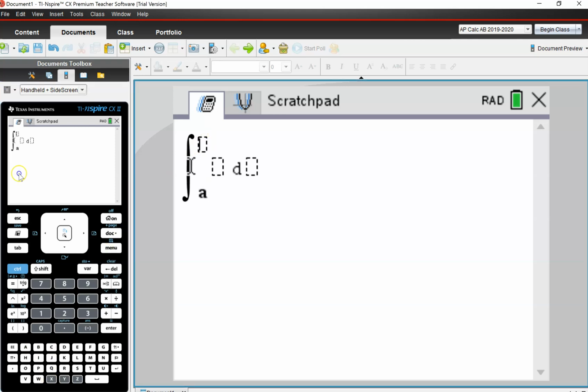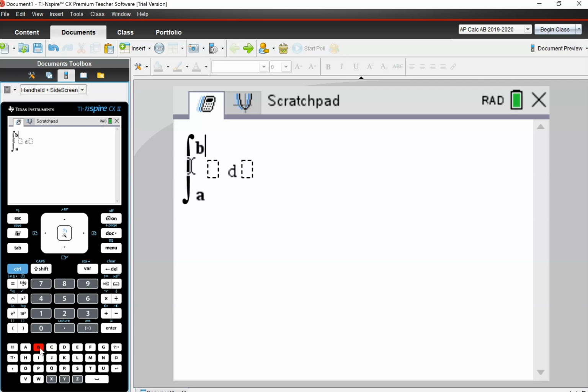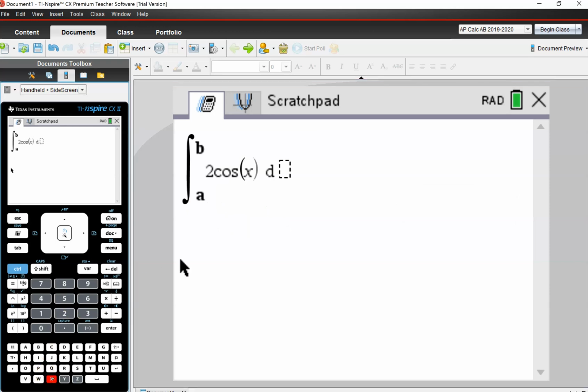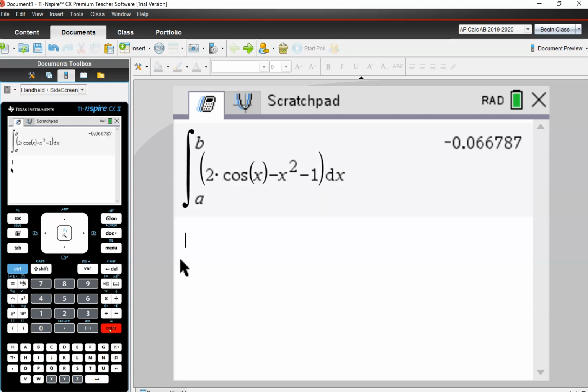And type in B. And then type in 2 cosine X. That's one of them. You can do that too. I'll do that later. Minus X squared minus 1. Dx. Enter.